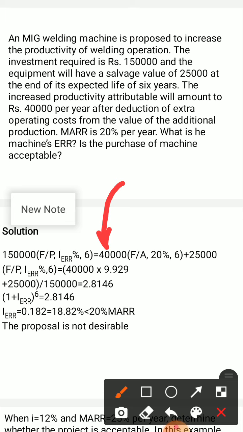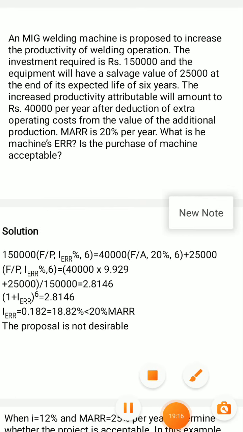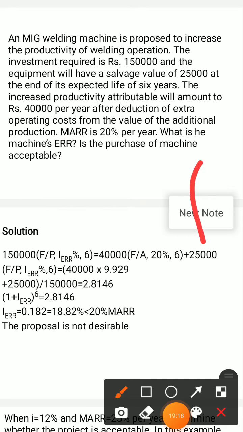So this is the uniform series compound amount at rate 20% for a period of 6 years. And at the end of the 6th year, you will get 25,000.